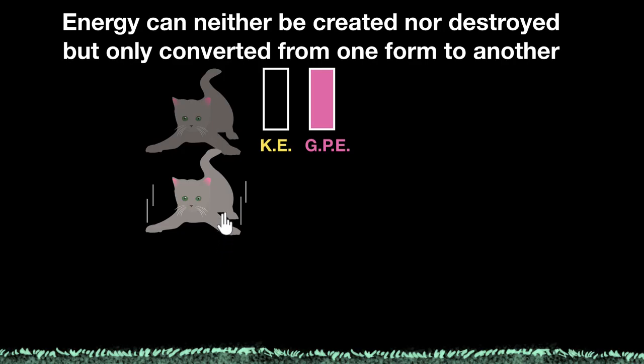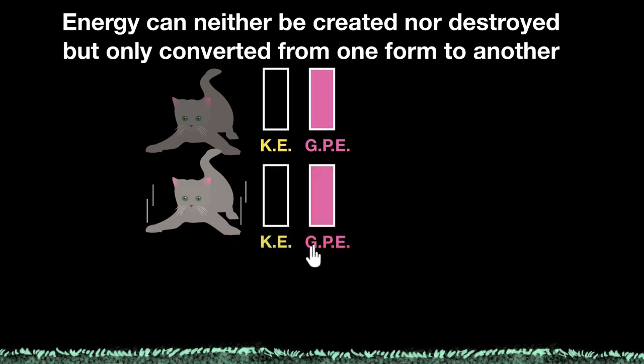You see, although kinetic energy has increased, notice the cat's potential energy has decreased because it is now closer to the ground. So some of its potential energy got converted into kinetic energy. Initially it was 0, and now some of that potential energy has been converted into kinetic energy. That's where that kinetic energy came from.